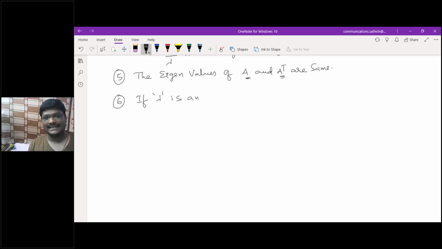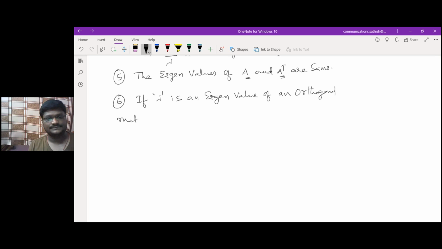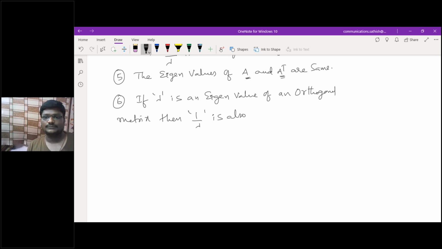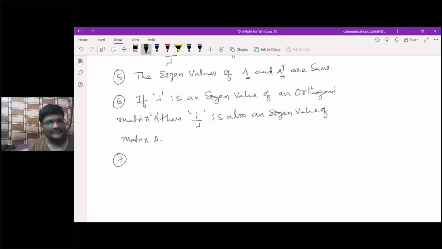If lambda is an eigenvalue of an orthogonal matrix, then 1 by lambda is also an eigenvalue of matrix A. What they are telling is, for an orthogonal matrix, lambda and 1 by lambda are both eigenvalues.